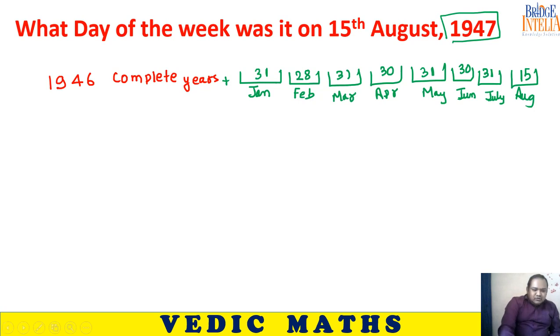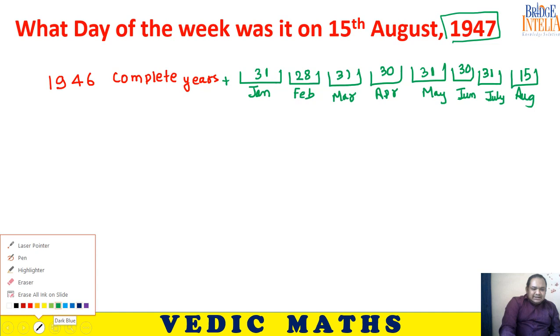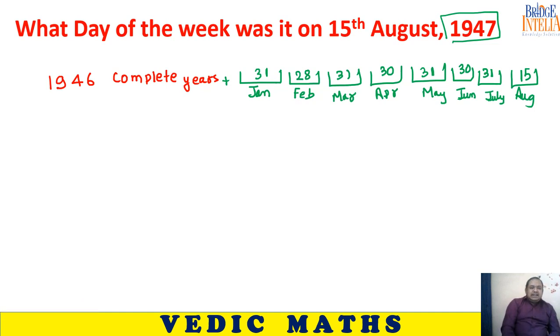Now what should we do about 1946 years? So 1946 you have to break intelligently. So 1600 plus 300 plus 46, because we already know the answers to this question. 1600 is a multiple of 400, so this can be removed without any problem. 300 years produce one extra day.